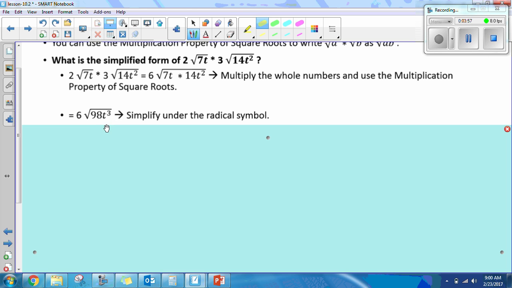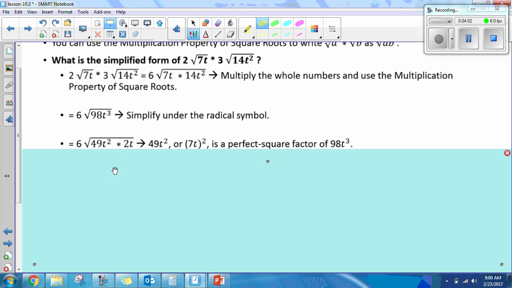However, this can be simplified underneath the radical symbol. So we look for the greatest perfect square factor, which is 49. So 98 gets split up into 49 and 2. T cubed will split up as t squared and t. So the factors will be 49t squared times 2t.